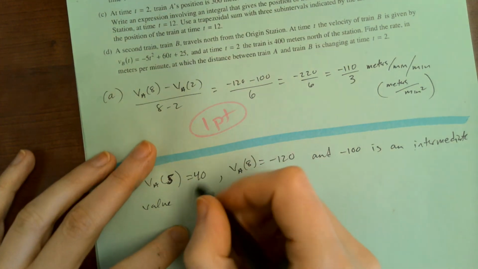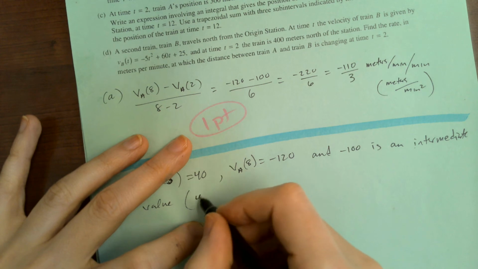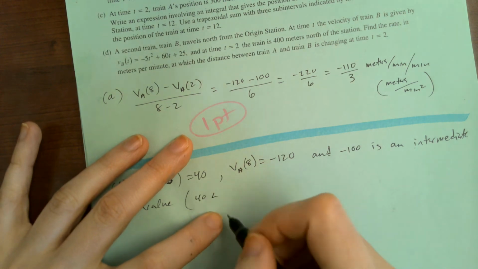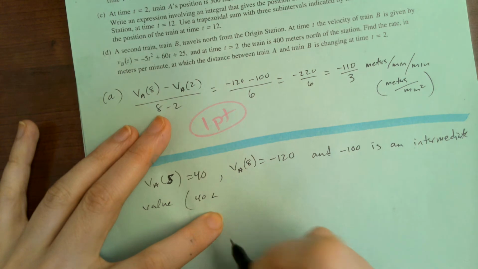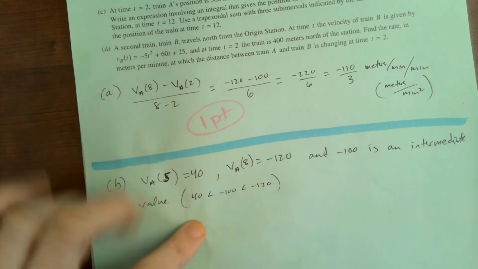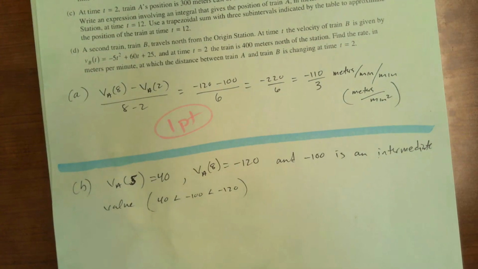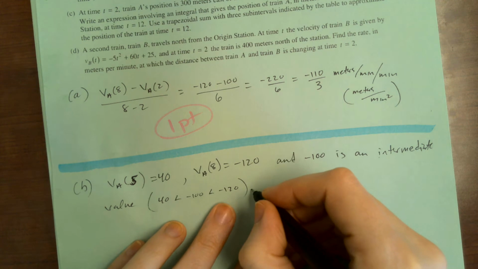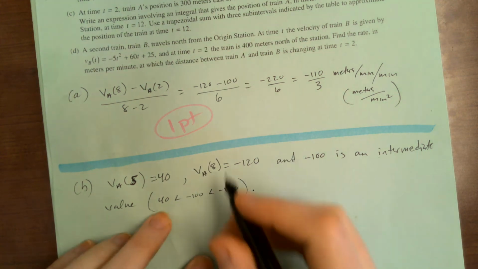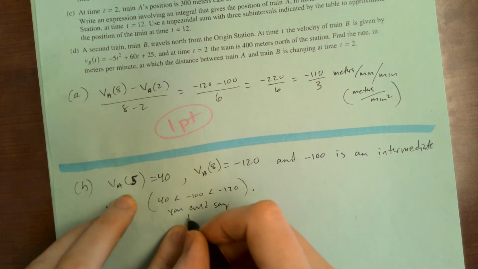And guys, what they say, and I like this, is 40 is less than negative 100 is less than negative 120. That's what they say in their reasoning, and I like that. But this is how I taught it the first time, as an intermediate value, so that's why I put it there. You could say this.